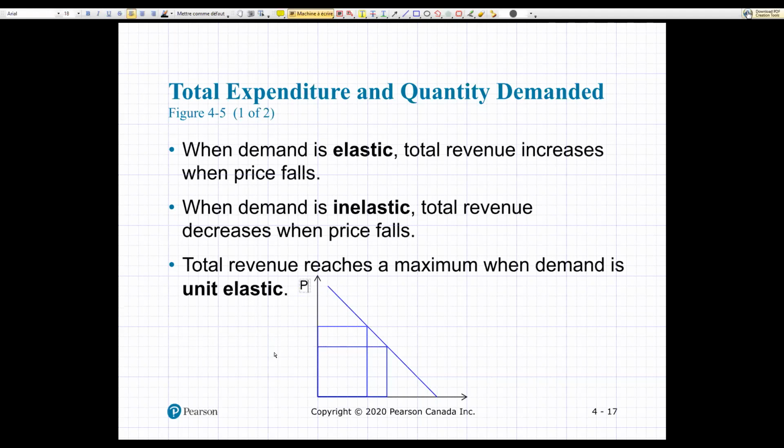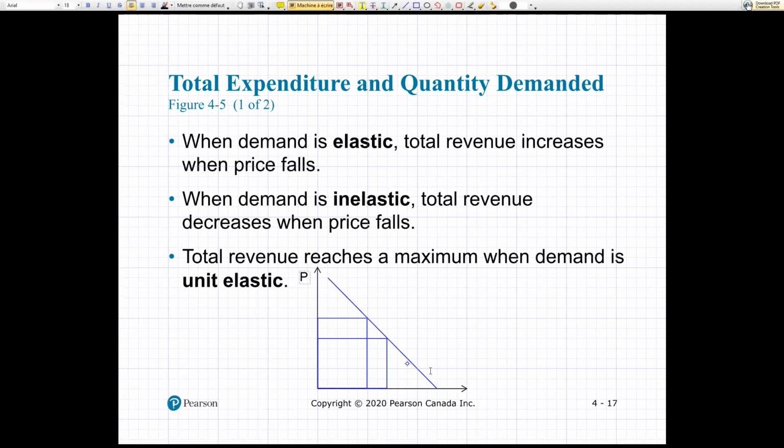Compute what? 5 divided by 7. Yeah, about 7%. So here the price dropped by about 7%, and the quantity increased by about 7%.